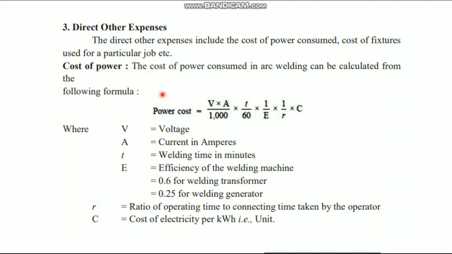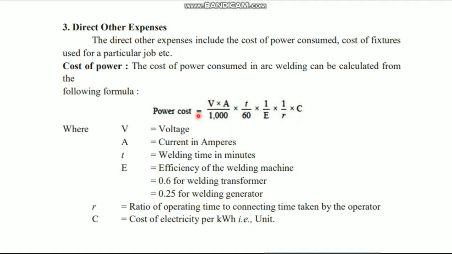The cost of power can be calculated by using this formula: V into A by 1000 into T by 60 into 1 by E into 1 by R into C. These are known terms.